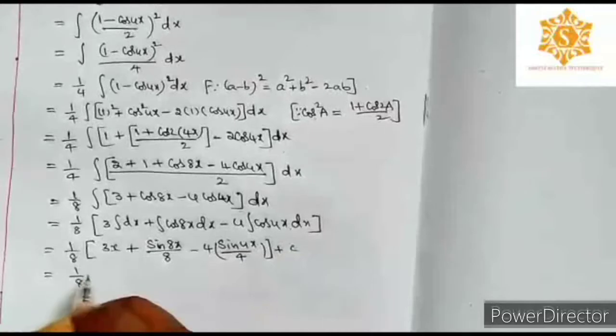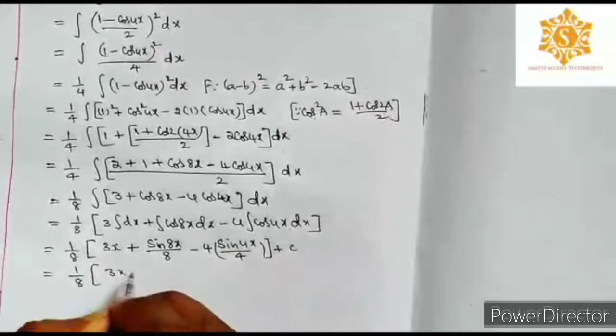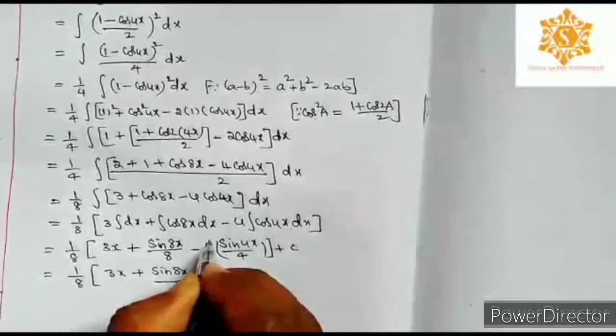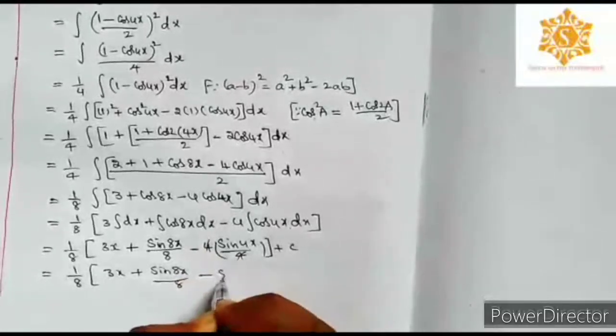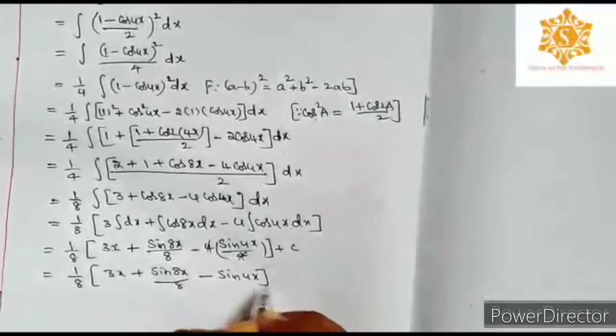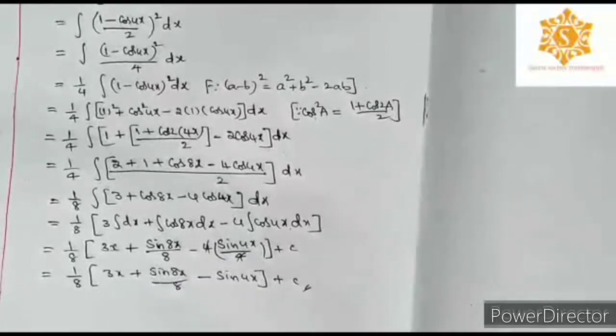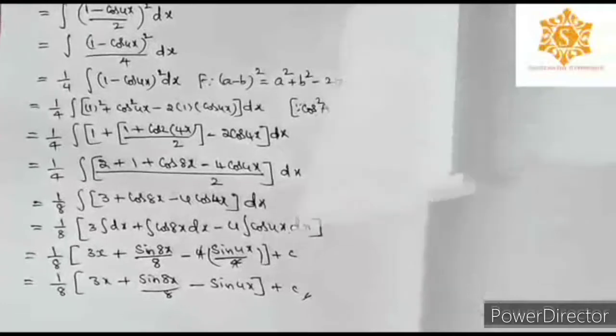So 1 by 8 into 3x plus sin 8x by 8, 4 cancel, minus sin 4x plus c. So this is the solution of the given problem.